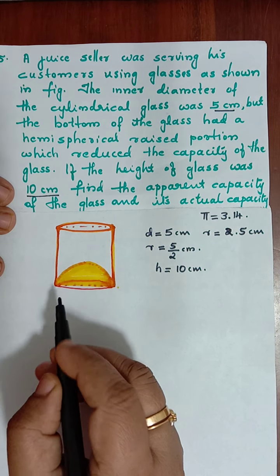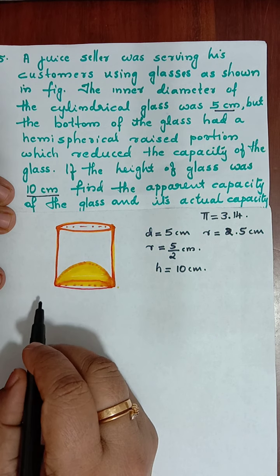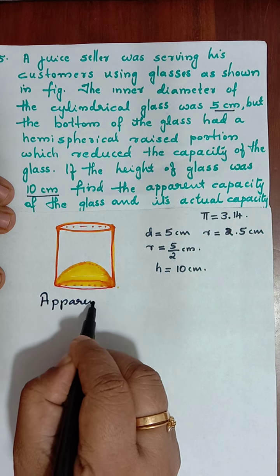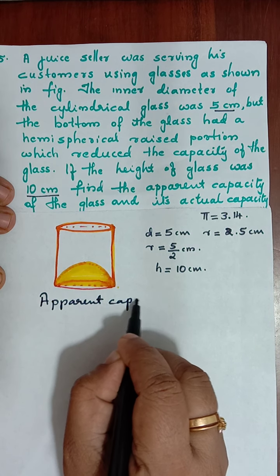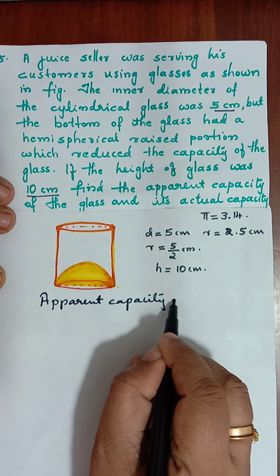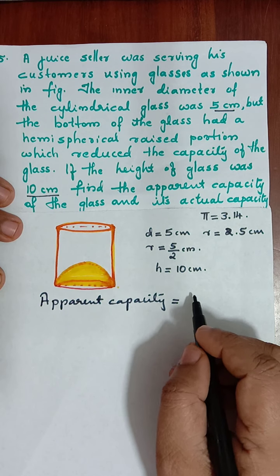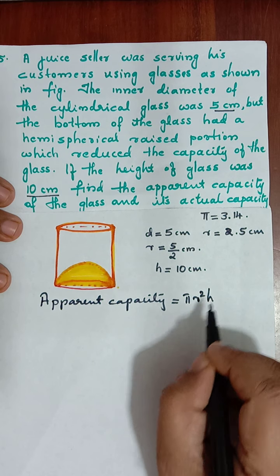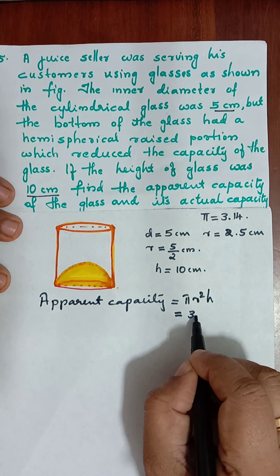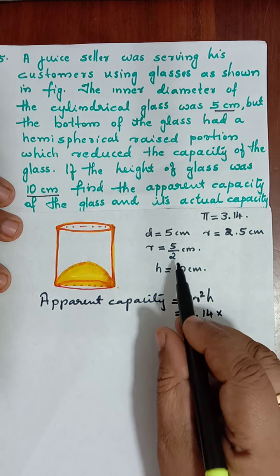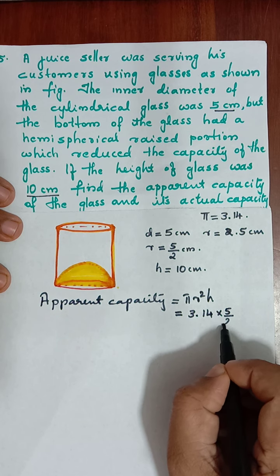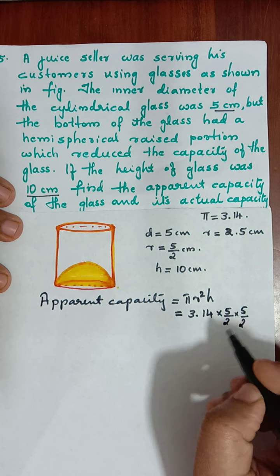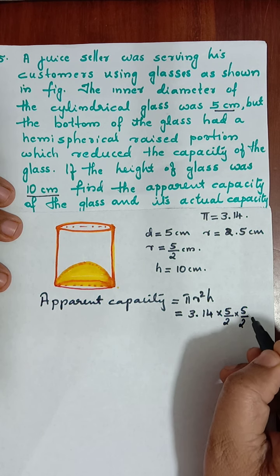So first we shall find out the apparent capacity of the glass. Apparent capacity is equal to pi r square h, that is the volume of the cylinder. Values given to us: 3.14 into radius 5 by 2 into 5 by 2, even 2.5 we can take, it is the same, but cancelling is easy, I think that's why I have taken this.